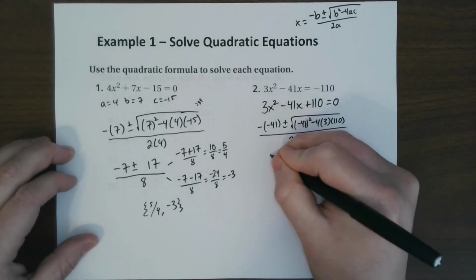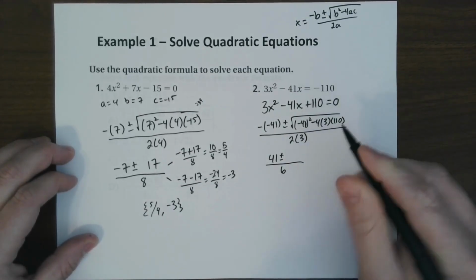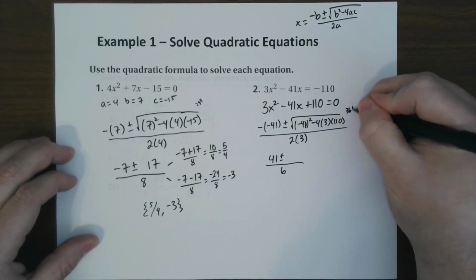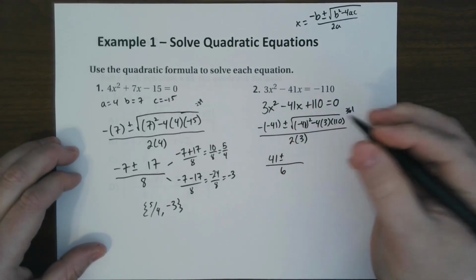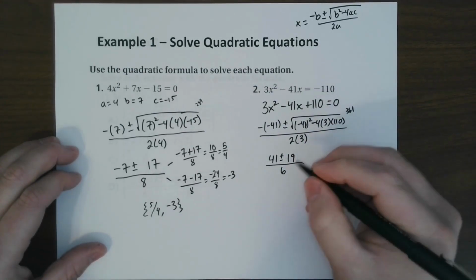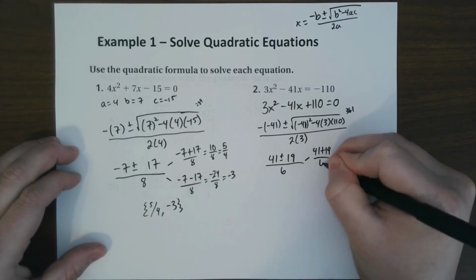So doing all this, we get positive 41 plus or minus 6. Now, if you do this all in a calculator, you get 361. And if you square root it to verify it, it actually is a square number. It's 19. So from there, we do the same thing. We separate it. 41 plus 19 over 6.